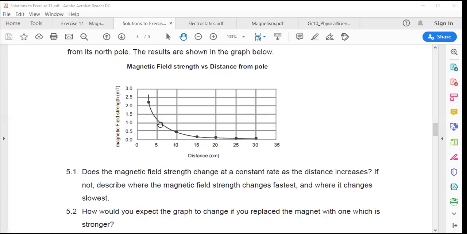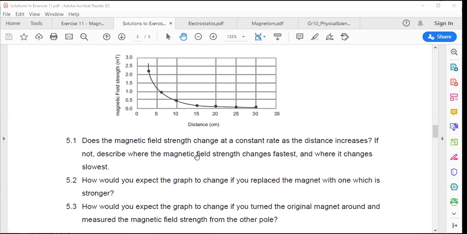That's where the graph is a bit steeper. Or you can say 2 and 5. So you can just describe this position here, which denotes the poles. So it could be moving from the poles away from the poles. When it's closer to the poles, that's where you've got the biggest strength. So as you move away, there's a big drop there, right?